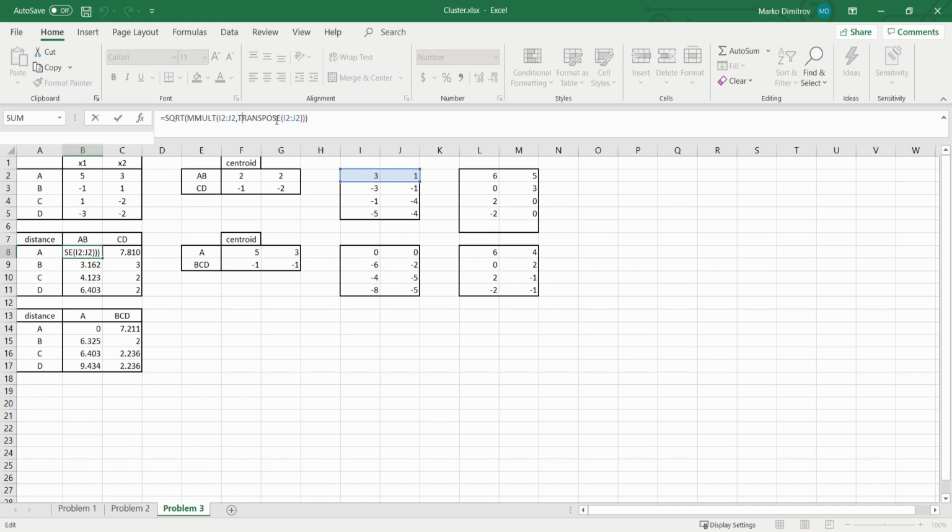This matrix multiplication means that you square and sum the distances. You can see this is 3 times 3 plus 3 times 1, so you have all the squared distances. Here we have the classical Euclidean distance.